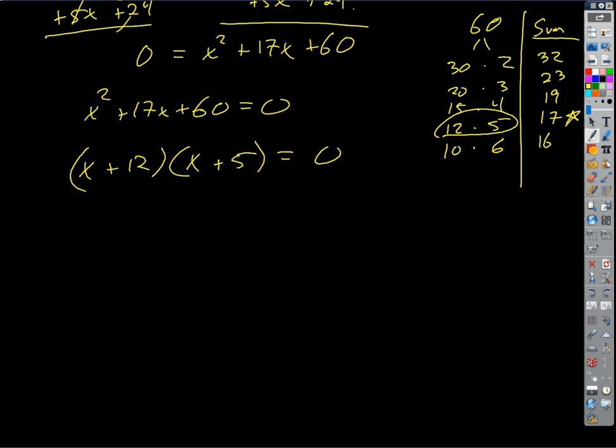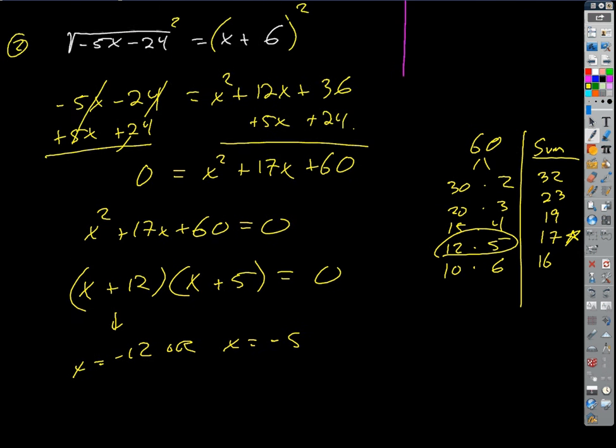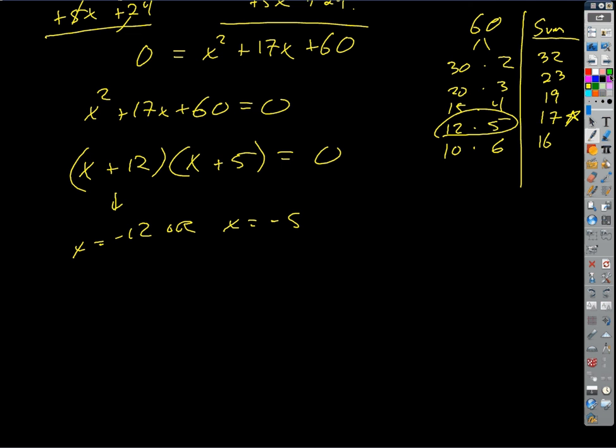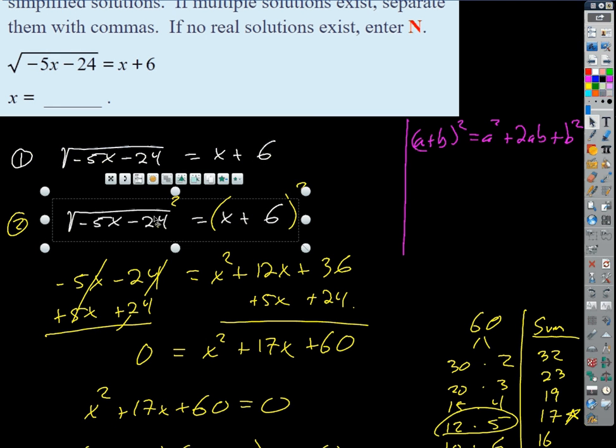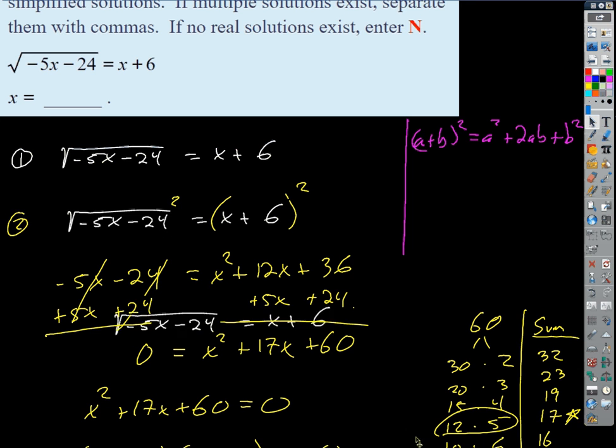So what are my solutions then? Negative 12 and negative 5. Okay, so what's the next step? Check. I gotta plug them in and check them, right? So next step, let's plug those into this guy.